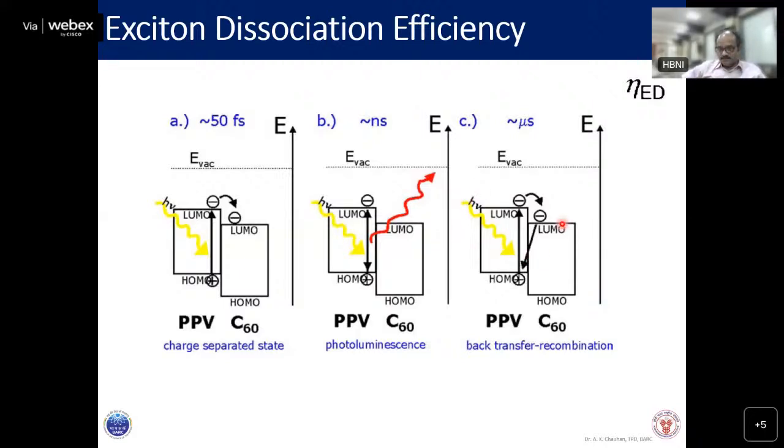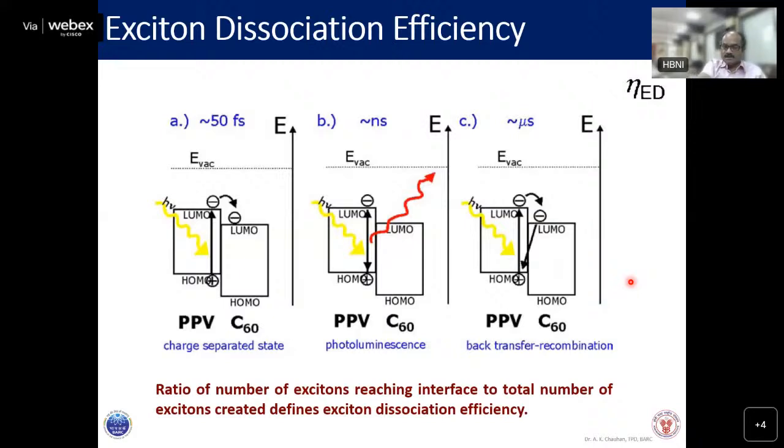And the back transfer, as I said, the electron can recombine through back transfer also. The time scale is of microsecond level. So you need to take into account all these things: how much photoluminescence is emitted out of your material, how much is the back transfer recombination probability, and how much is the charge separation.